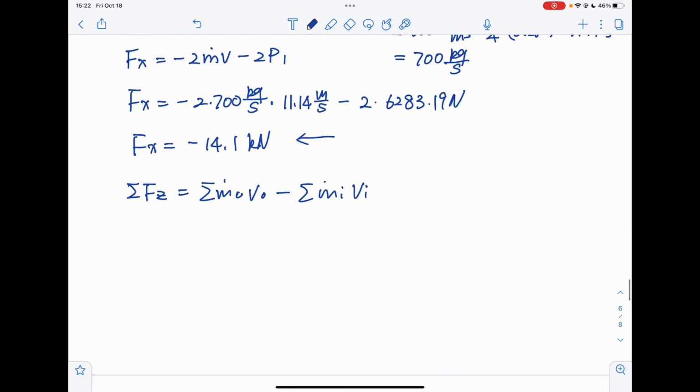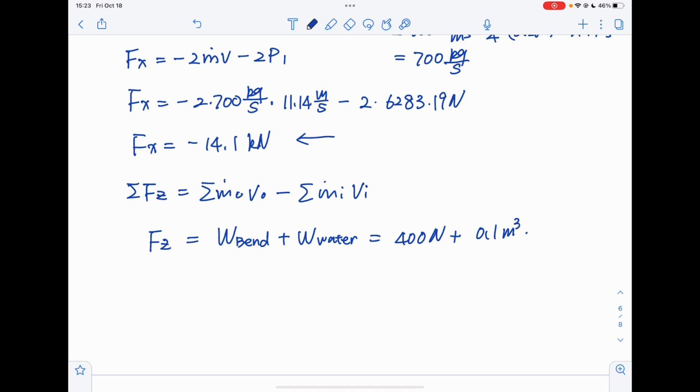So in that case, Fz equals the weight of the bed and weight of water, which equals 400 Newton plus 0.1 cubic meter times the specific weight.